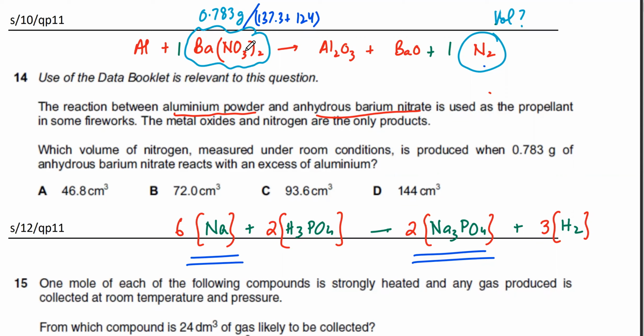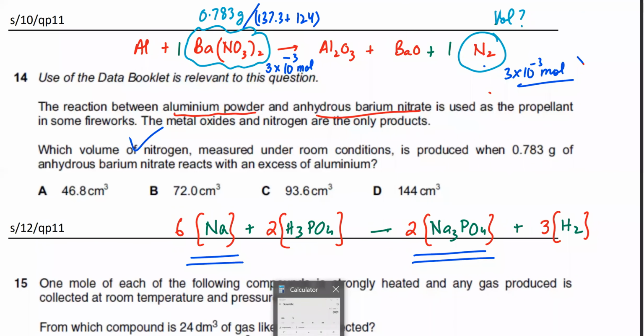Has anyone done this? What's the answer? 2.996 multiplied by 10 to the power minus 3. Okay, so I'm just going to round it off to 3 times 10 to the power minus 3. So you're getting 3 times 10 to the power minus 3 moles, right? So 1:1, so this would be 3 times 10 to the power minus 3 moles as well. He's asking for the volume of nitrogen gas that's produced, so you multiply it by 24 dm³.